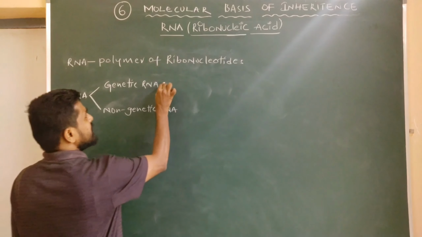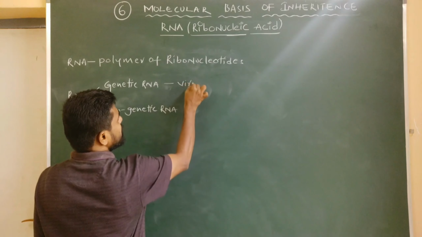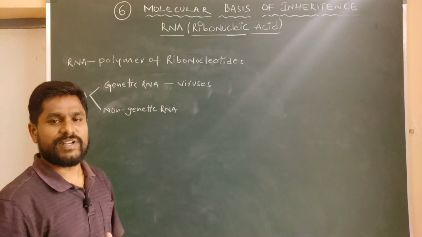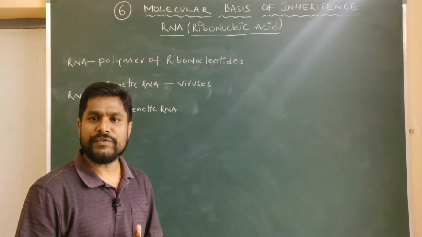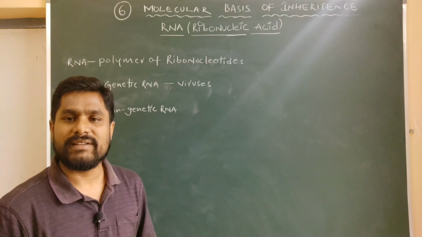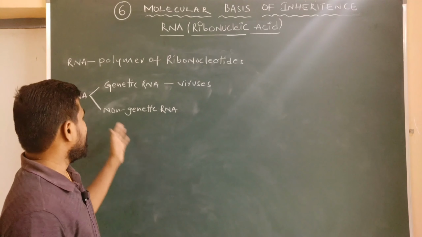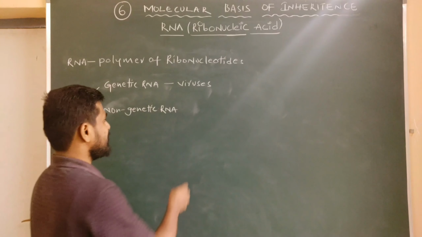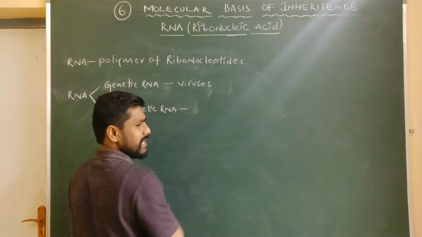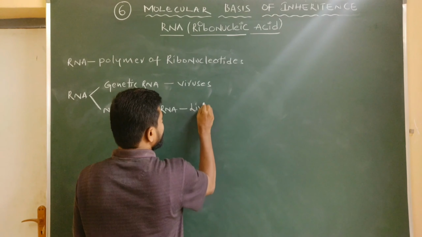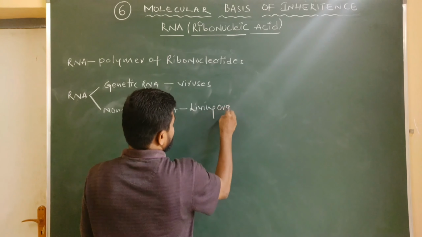Genetic RNA is generally present in viruses. Not all the viruses, some of the viruses, mostly plant viruses and a few animal viruses, have RNA as a genetic material. And non-genetic RNAs are mRNA, rRNA and tRNA molecules present in the living organisms.